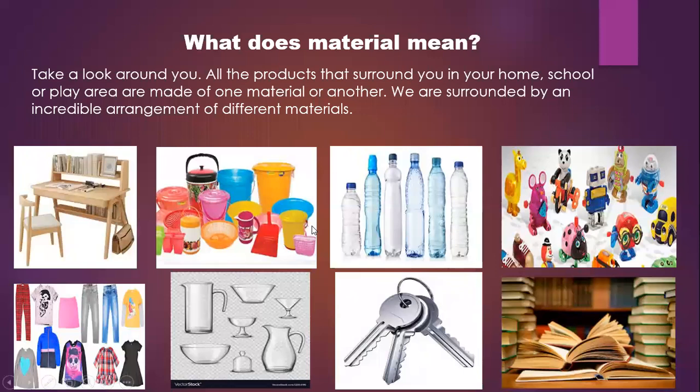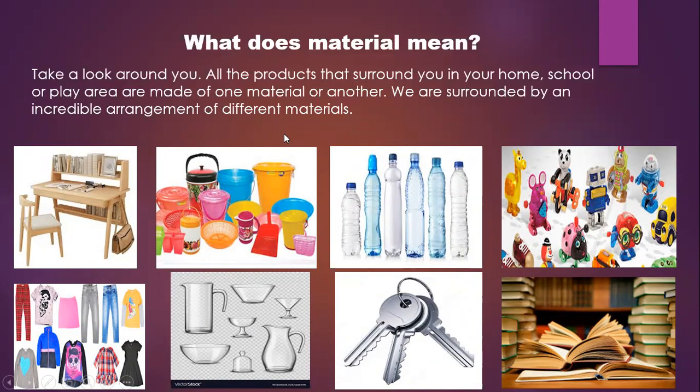Let's see, what does material mean? Take a look around you. All the products that surround you in your home, school, or play area are made of one material or another. We are surrounded by an incredible arrangement of different materials.